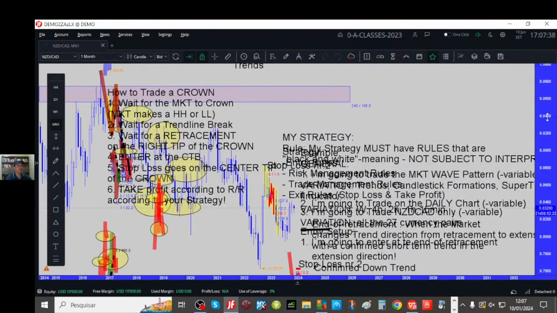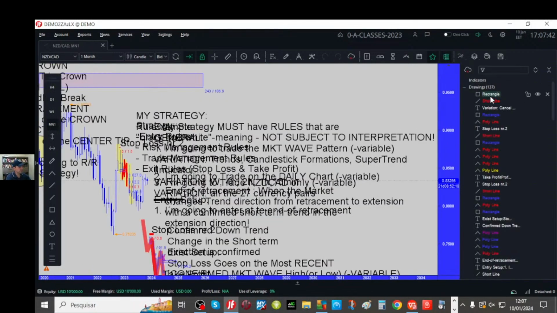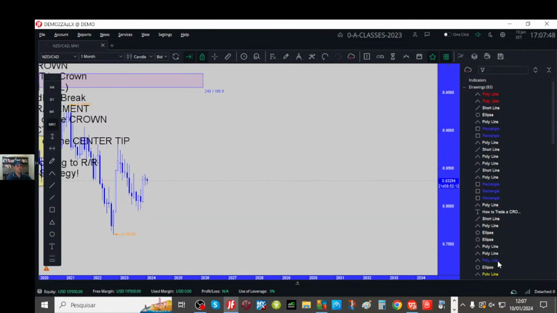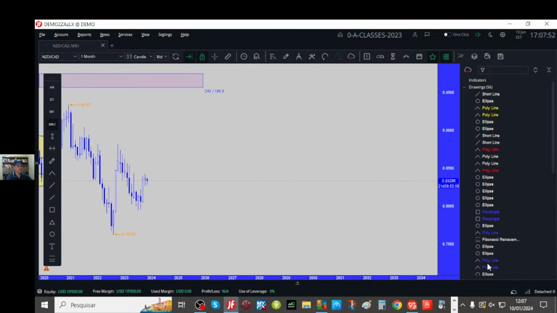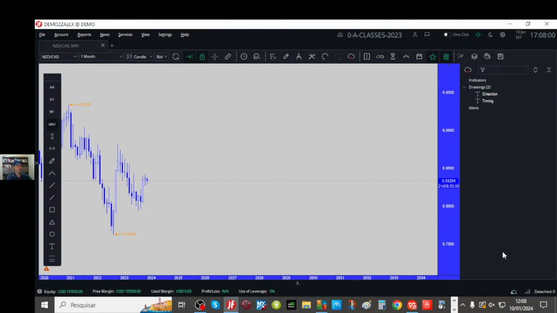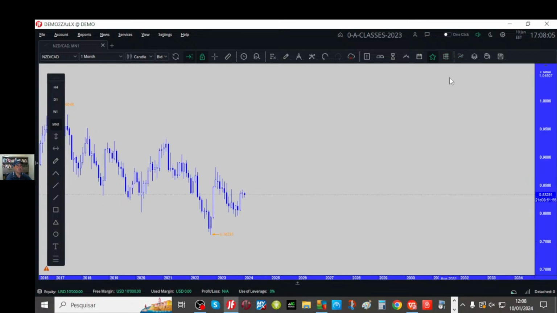Oh my gosh, this is from the strategy, everybody. Yes, we have a strategy session too. Give it a second, I'm going to clean the chart. There is a lot of stuff on it.